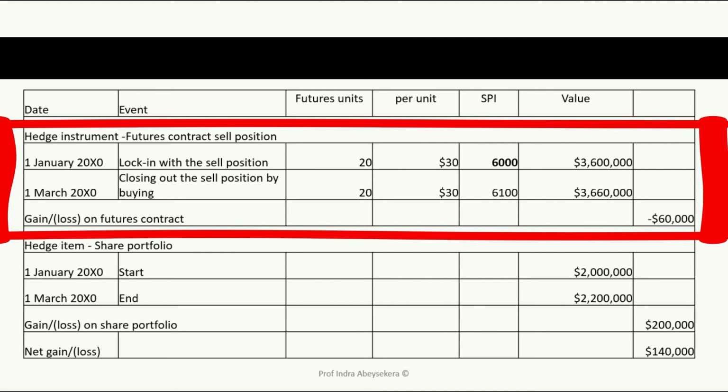But on 1st of March, we got to buy it to close the contract, 20 units at $30. Share price index is 6,100, 3.66 million is the value. So the loss on the futures contract is 60,000 because we close it out by buying at a higher price.